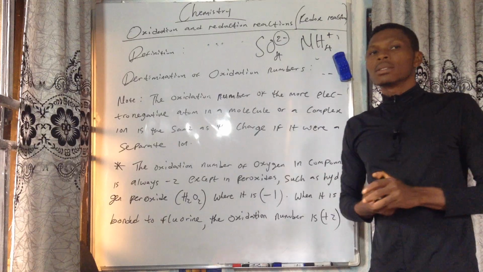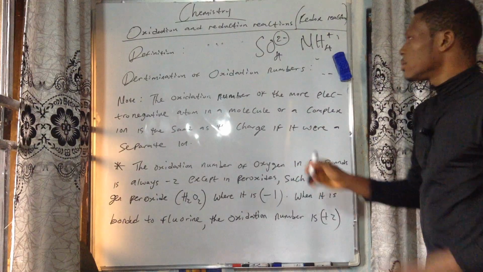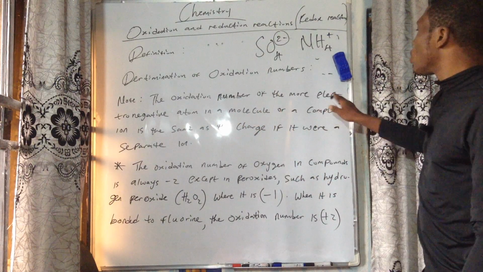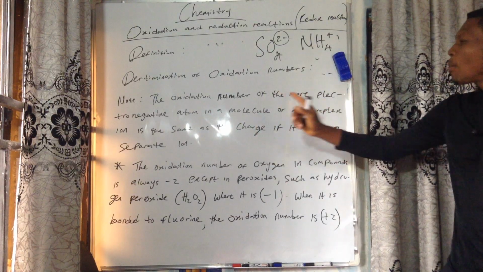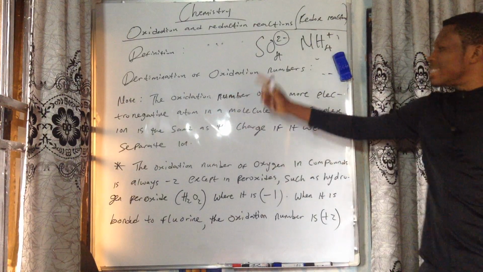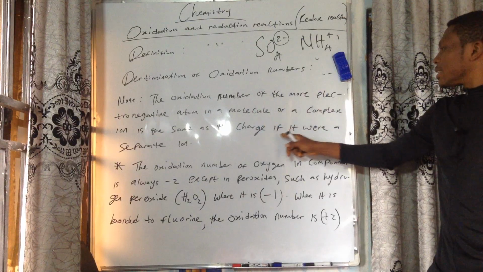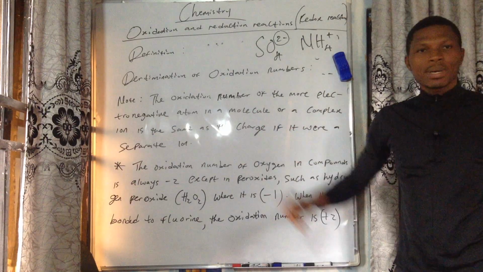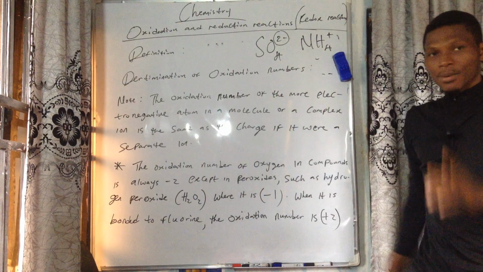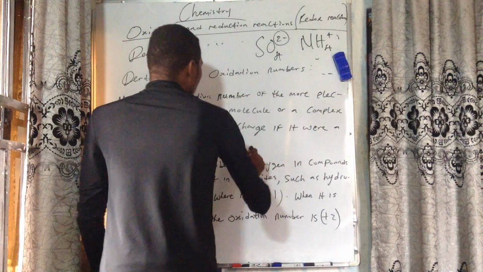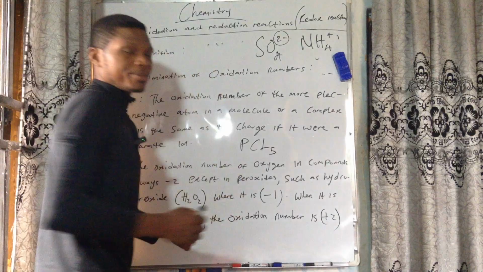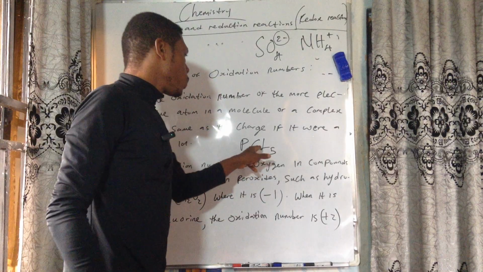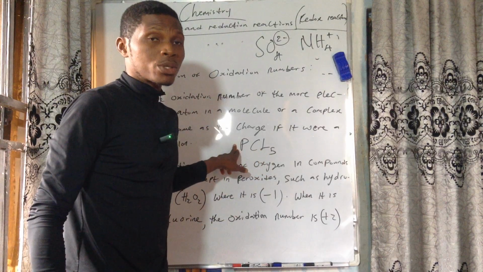Now, apart from that, the oxidation number of the more electronegative atom in a molecule or a complex ion is the same as the charge if it were a separate ion. Let's say in PCl5, chlorine is more electronegative than phosphorus.